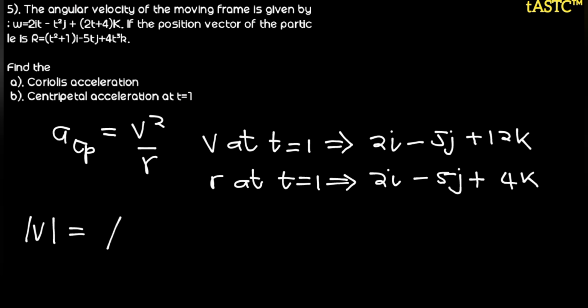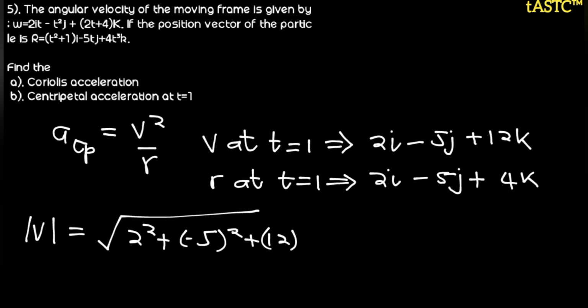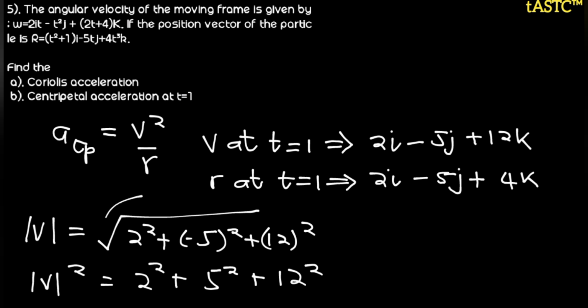Now we know the magnitude of v should be something like this: 2 squared plus a negative 5 squared, plus 12 all squared. Now we know this should be squared, so if you have 2 squared plus 5 squared and 12 squared, without the square root sign, because the square cancels that out.